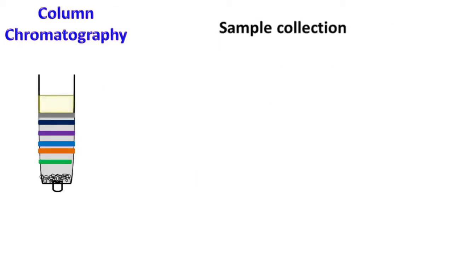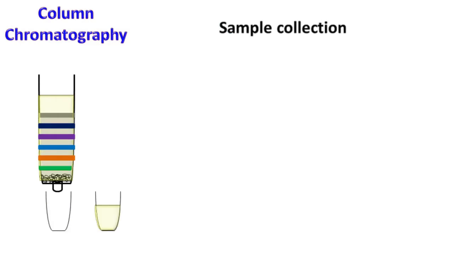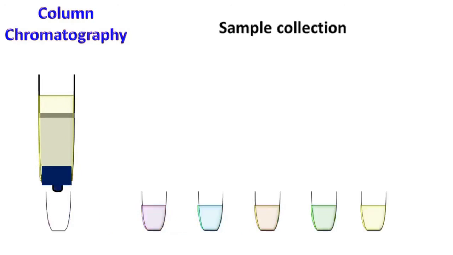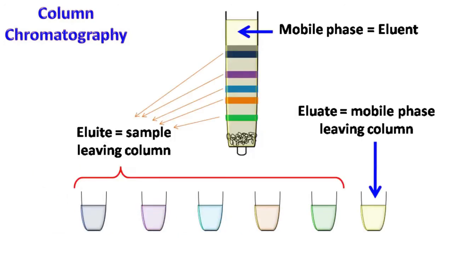Once the separation is completed, the samples are usually collected as fractions. The mobile phase leaving the column is known as eluent, while the sample molecules leaving the column are called eluite.